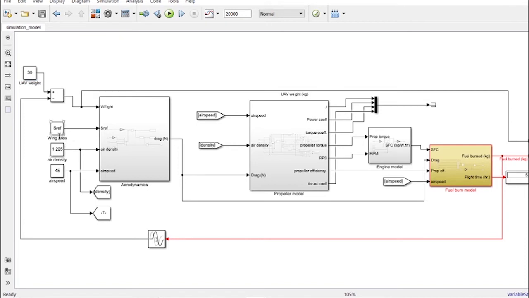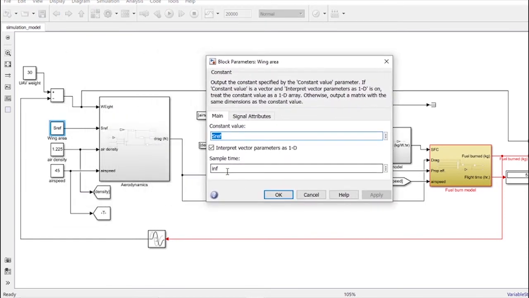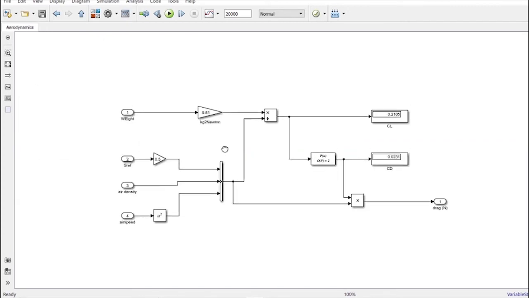Another input is the wing area, followed by air density and airspeed. If I have already defined my wing area in my initialization script, I can directly call the variables into the constant block here. Once I have my inputs, let's first look at the aerodynamic block.